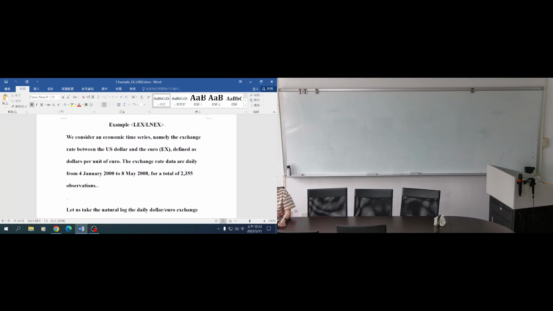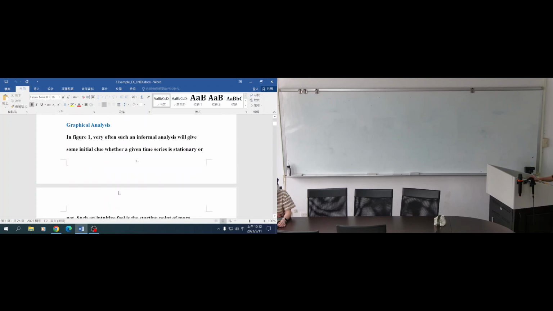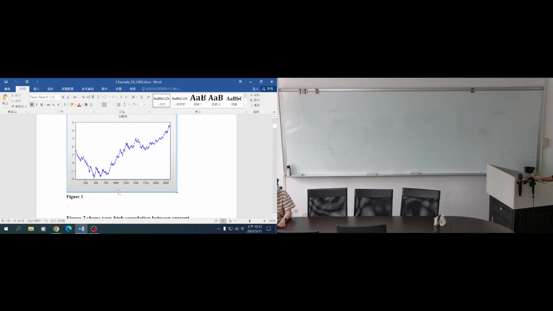All right? So first of all, if we want to check whether this variable is stationary or not, there are several ways. The first way is to look at the graphical analysis. Look at the data like this.